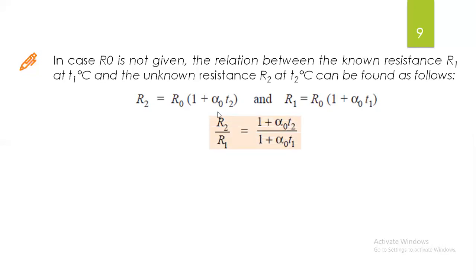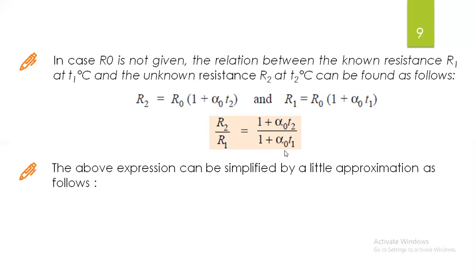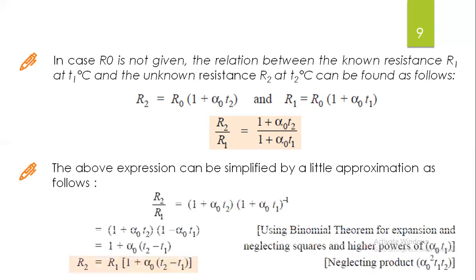By taking the ratio of R2 and R1, we get 1 plus alpha 0 into T2 upon 1 plus alpha 0 into T1. The above expression can be simplified with a little approximation: the numerator is 1 plus alpha 0 into T2, and the denominator is 1 plus alpha 0 into T1 raised to minus 1.